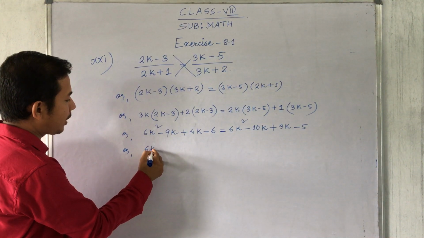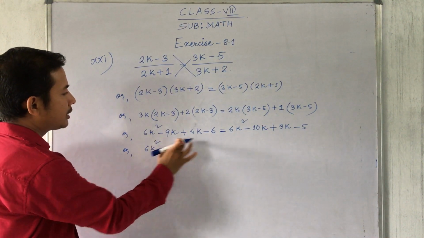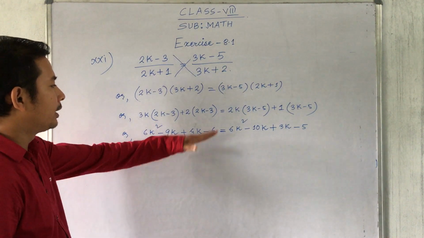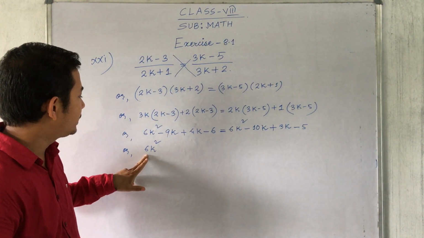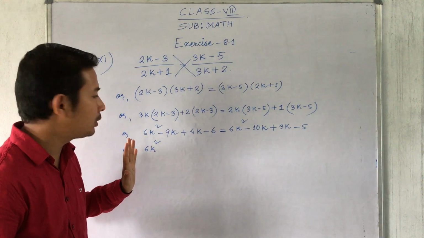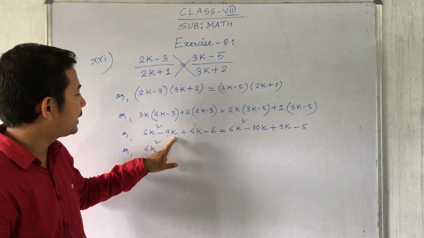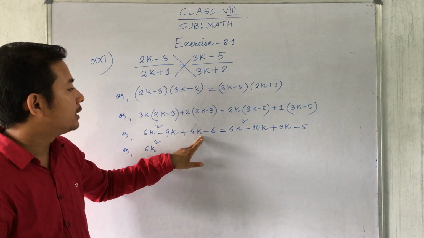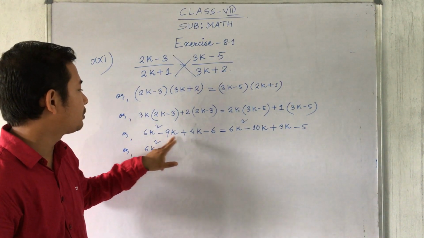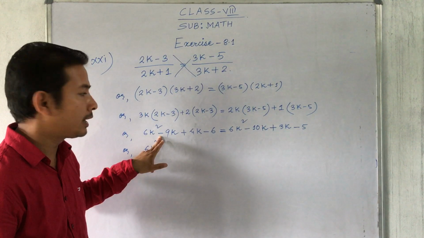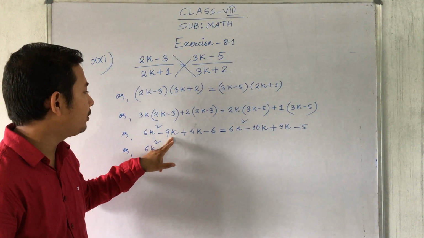There is 6k square. In the left hand side, is there any k square? No. So that's why I have written 6k square as it is. Understood? Now look at here, there is k only, there is also k. But there is 4 times k, there is 9 times k, negative 9. So plus minus, that means 4k is subtracting from 9k.